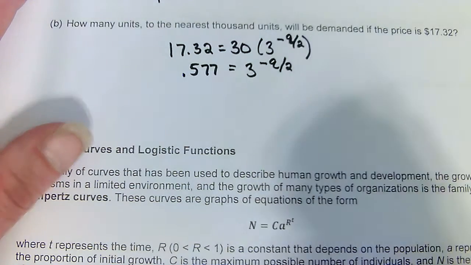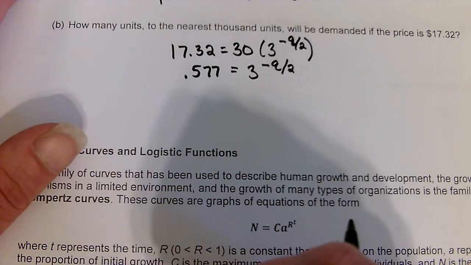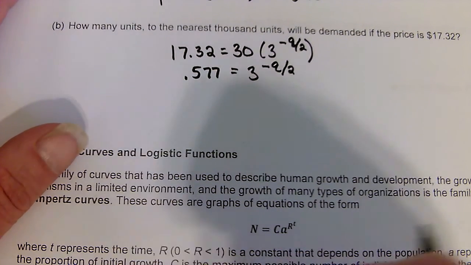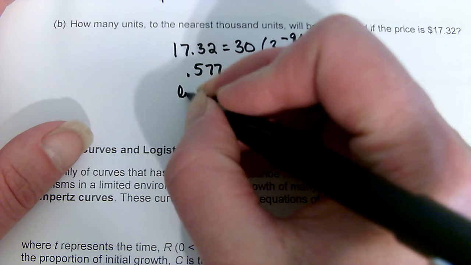And Q is kind of one of those fishy exponents because it looks like a 9 sometimes.